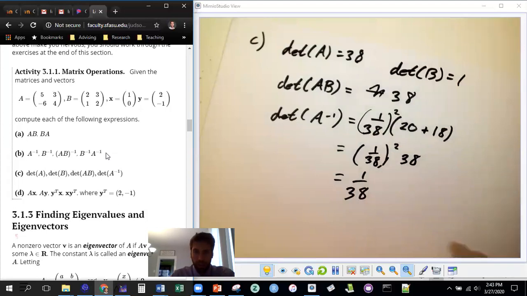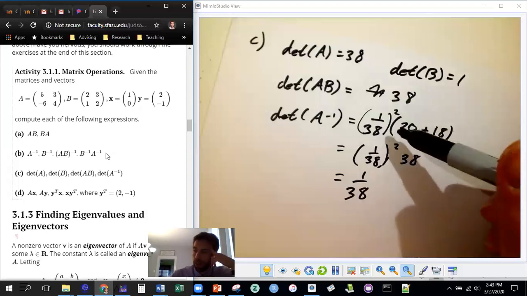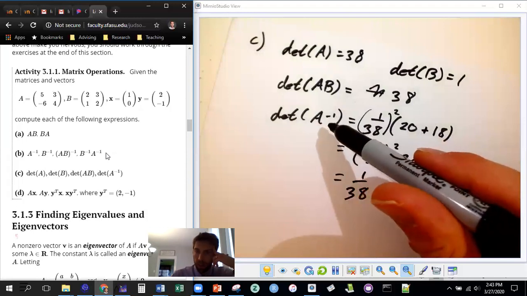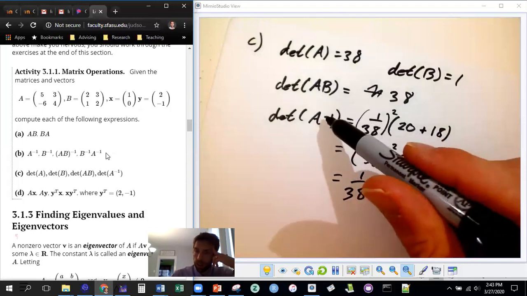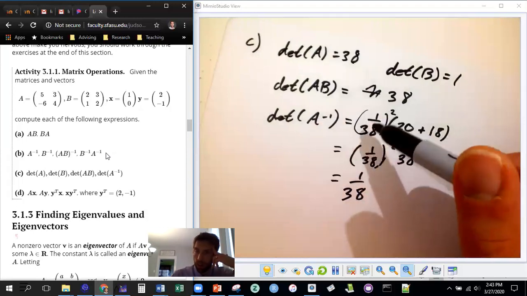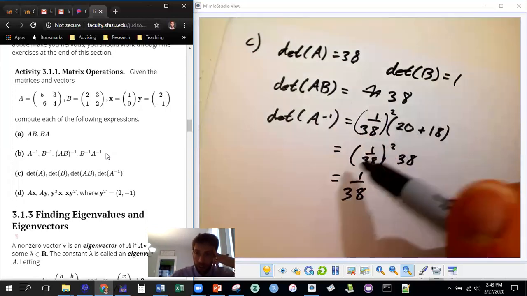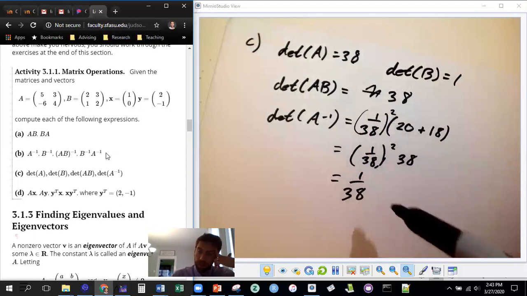That makes sense? It's kind of a trick of the trade that I just did there. But if that didn't make sense to you, take A inverse and put that 1/38 into each element of the matrix. And then take the determinant, you'll see you'll get 1/38.